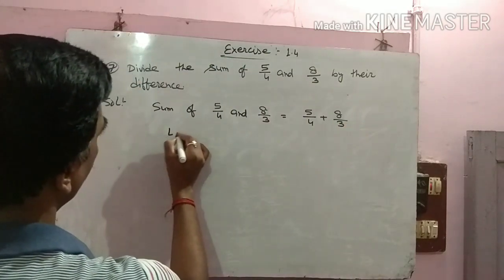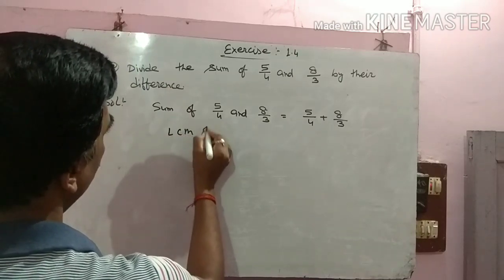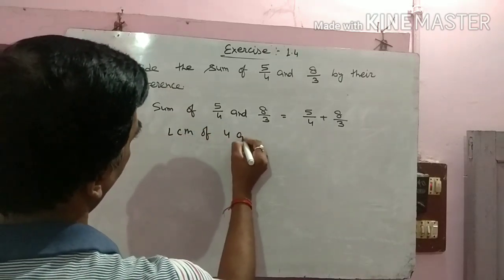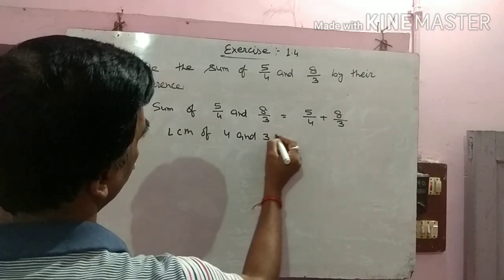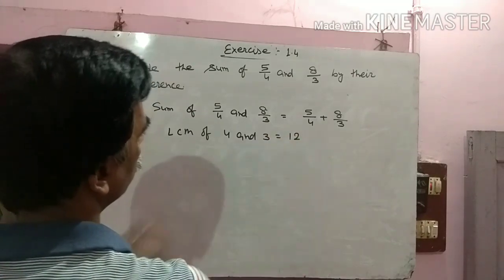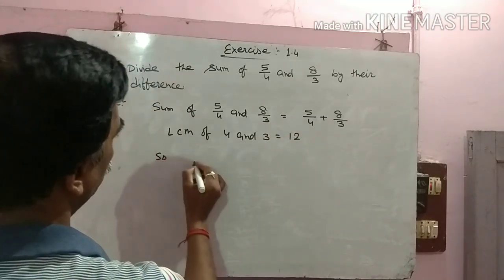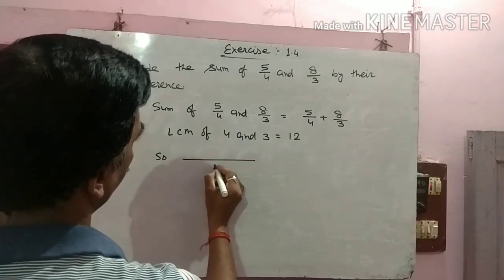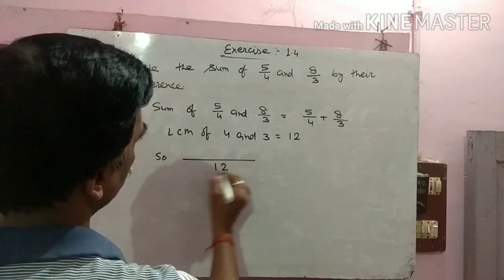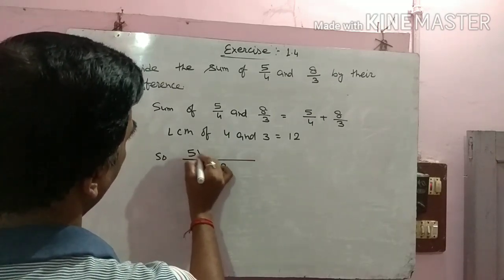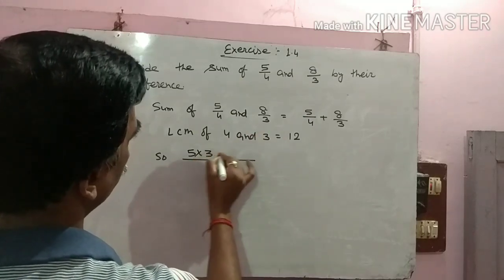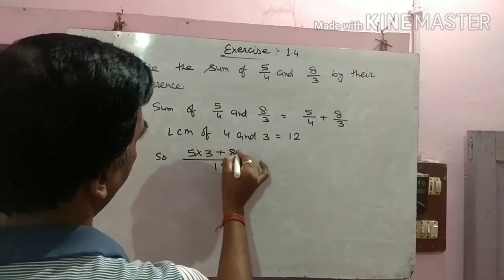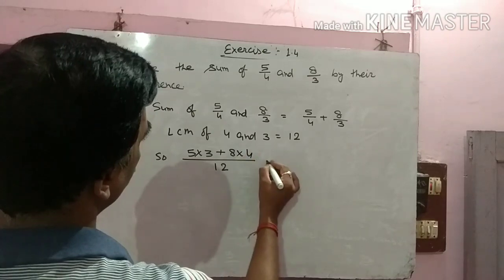Then LCM of 4 and 3 is equal to 12. So this becomes 12, and 5 into 4 3s are 12, plus 8 into 3 4s are 12.